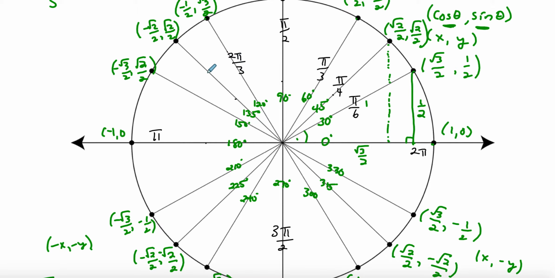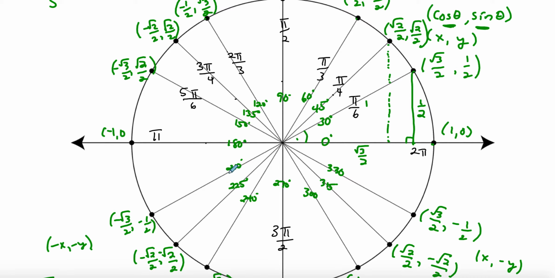Divide them up into 4 again, this would be 3/4 of the way across. So this is 3 pi over 4. And here, if they're divided up into 6 again, 1, 2, 3, 4, 5. This would be 5 pi over 6. Can't really reduce that one. When we look down here at 210, we're dividing up into 6s again because this is 30, 60, 90, 120, 150, 180, 210.